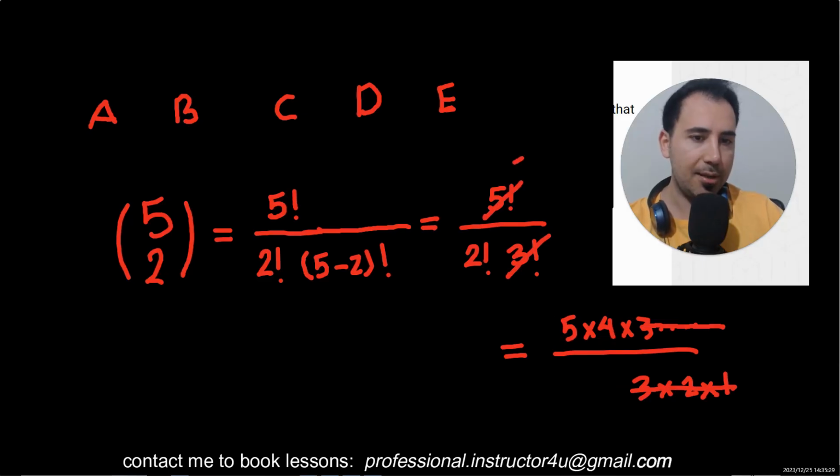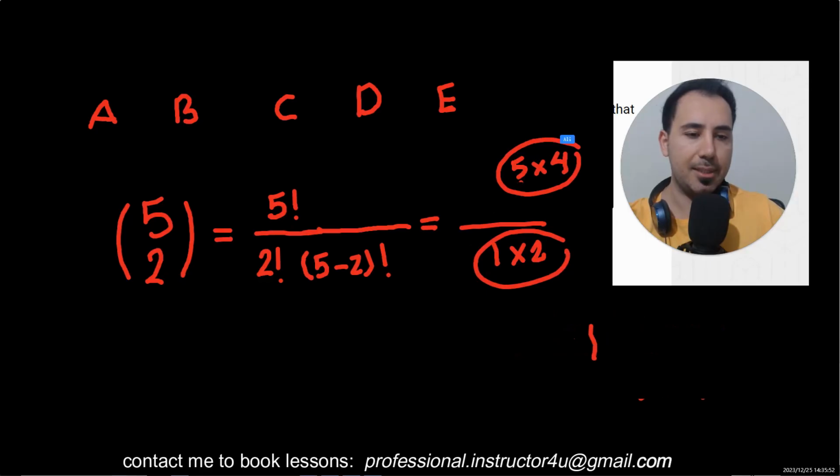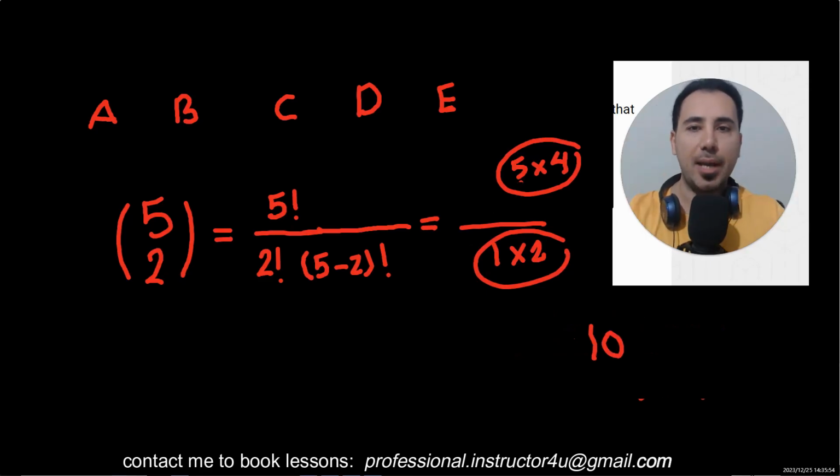So the numerator, the top number, is 5 times 4. And 2 factorial is 1 times 2. Okay, now let's simplify. 20 divided by 2 is going to be 10. So there are 10 ways to choose 2 people from 5 people. Okay, punish them. That's the first part.